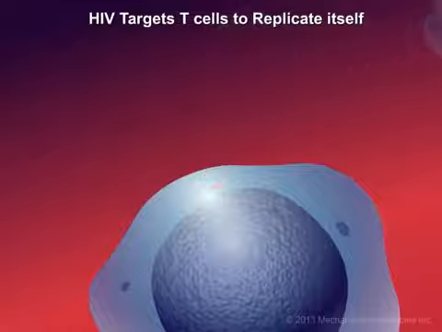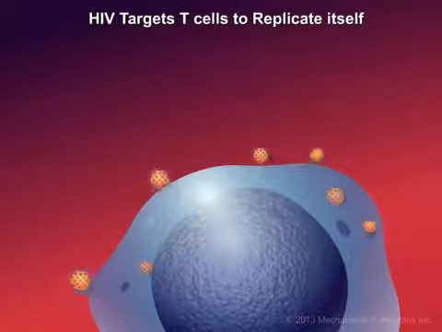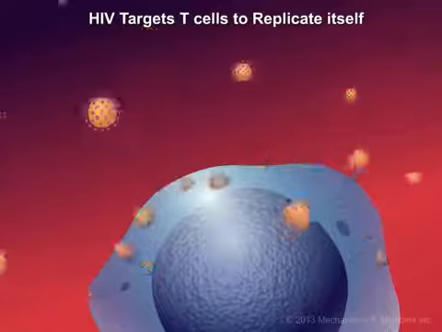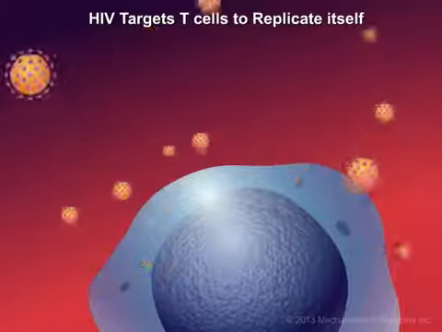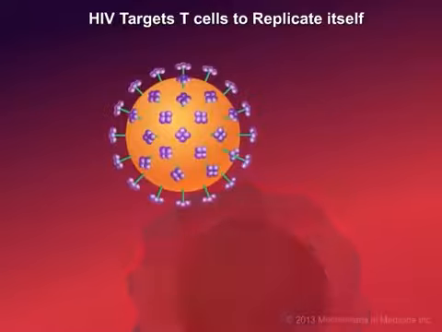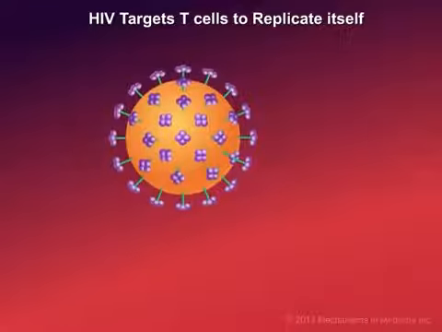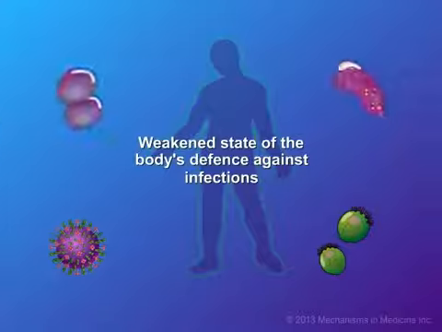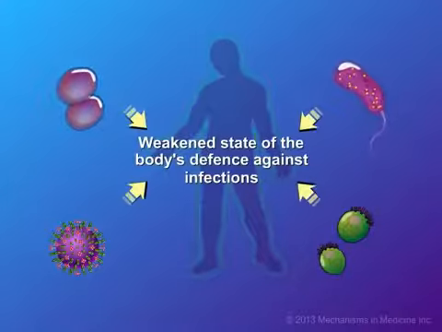The virus attaches and gains entry into the CD4 cell and replicates itself or makes copies of itself. During this process, infected CD4 cells die, and the HIV virus seeks out other CD4 cells to infect. The body is left in a weakened state of defense against infections and is susceptible to diseases.